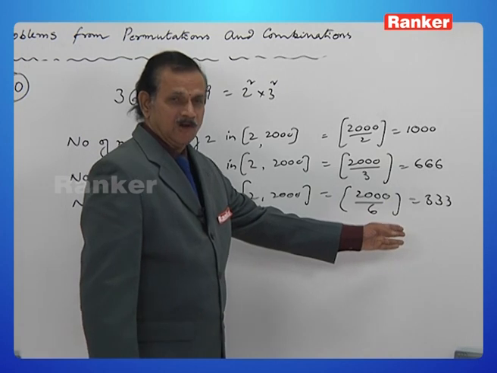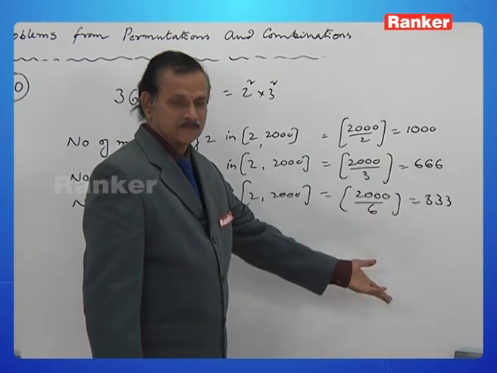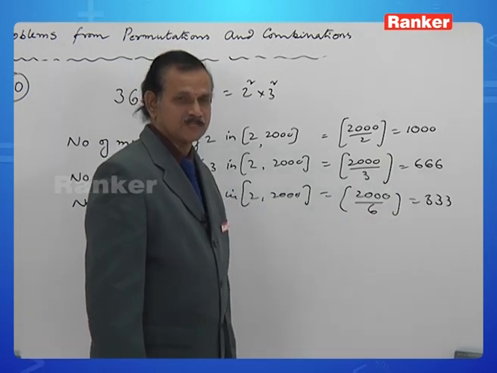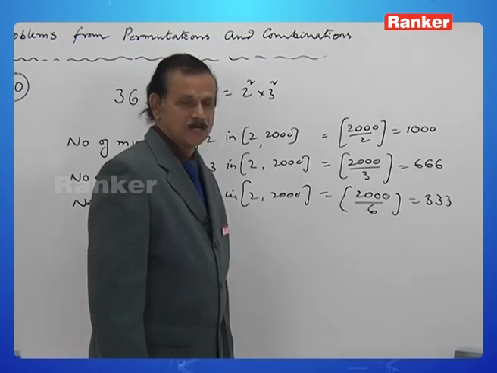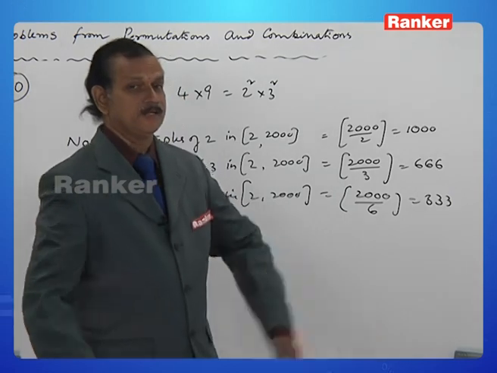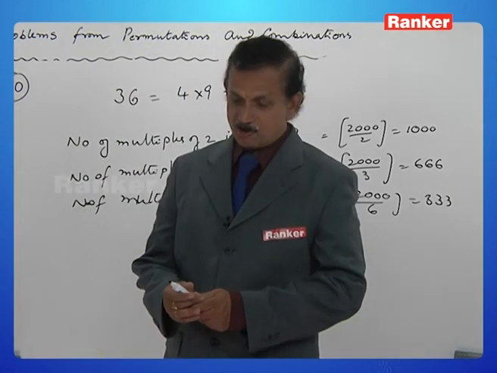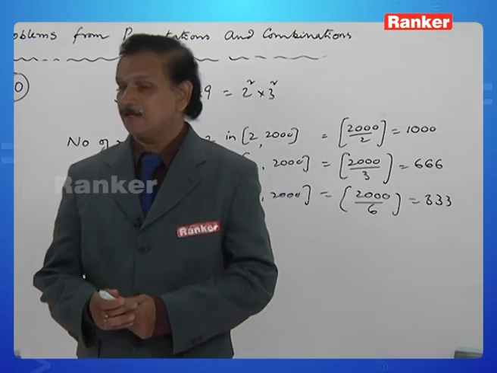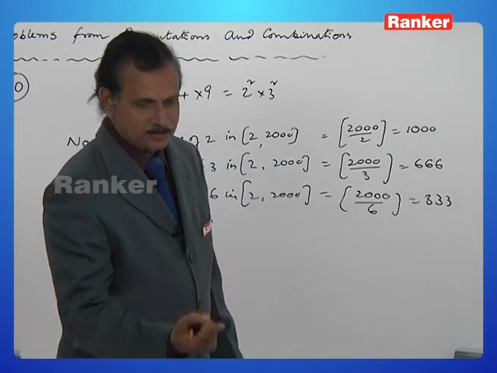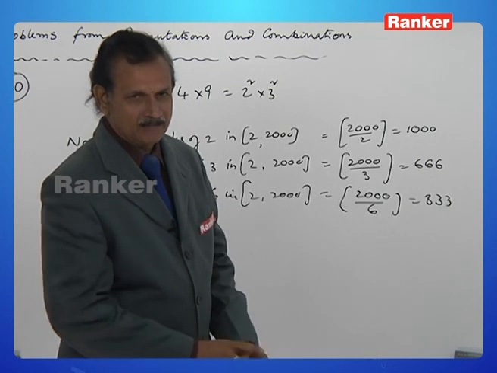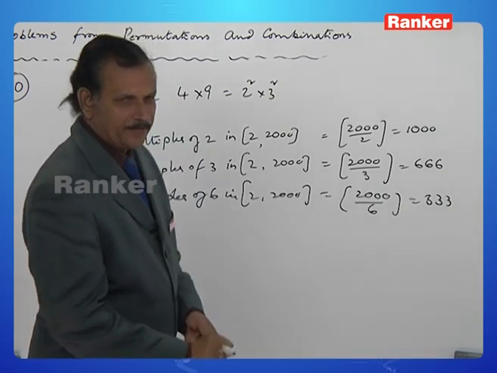Are these valid numbers or invalid numbers in the present collection? These are invalid. We want to have the natural numbers which are relatively prime to 36, that is which have the greatest common factor, that is HCF, as 1 with 36. Therefore, we have to avoid multiples of 2, multiples of 3 and multiples of 6 also.